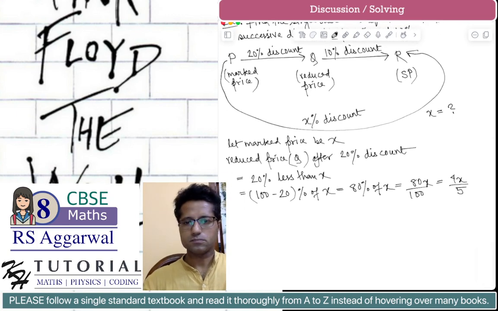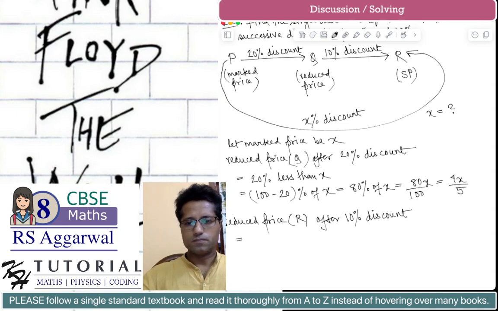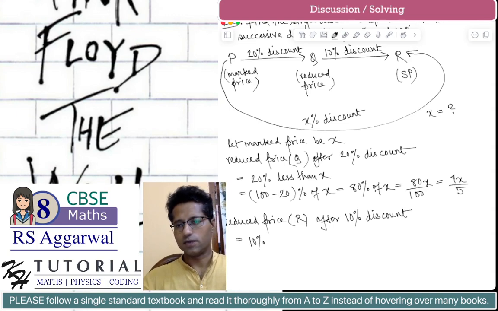Now again, reduced price, that is R, after 10% discount. This time the discount is being applied on Q, which is 4X by 5.